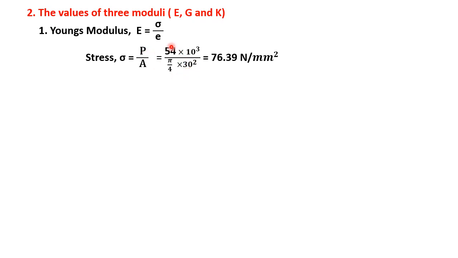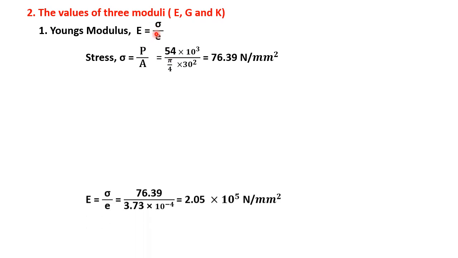The P value is the load acting on that bar, already given in the question, that is 54 into 10 to the power 3. So after putting these values in this formula, we will get the value for stress, that is 76.39 Newton per mm square.